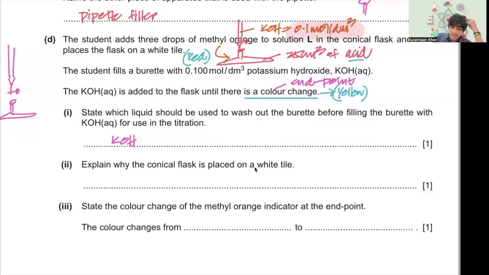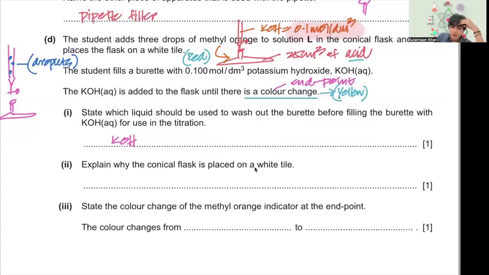Now the problem is that if I wash this burette with distilled water, there may be some water droplets left behind, and when you add potassium hydroxide to it, these water droplets will dilute the concentration of potassium hydroxide.